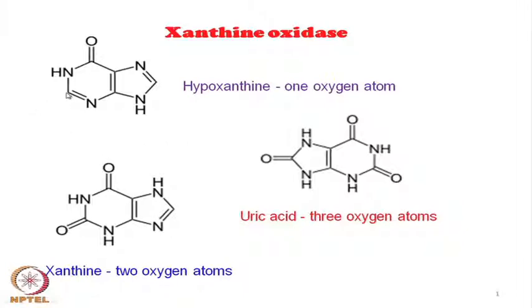This oxygen atom is getting activated due to the coordination to the molybdenum center, and ultimately that oxygen is transferred to hypoxanthine to form xanthine and ultimately to uric acid. So, it is the activated molybdenum enzyme, where the molybdenum oxo form is present, that is utilized for the hydroxylation reaction on this particular carbon of xanthine.